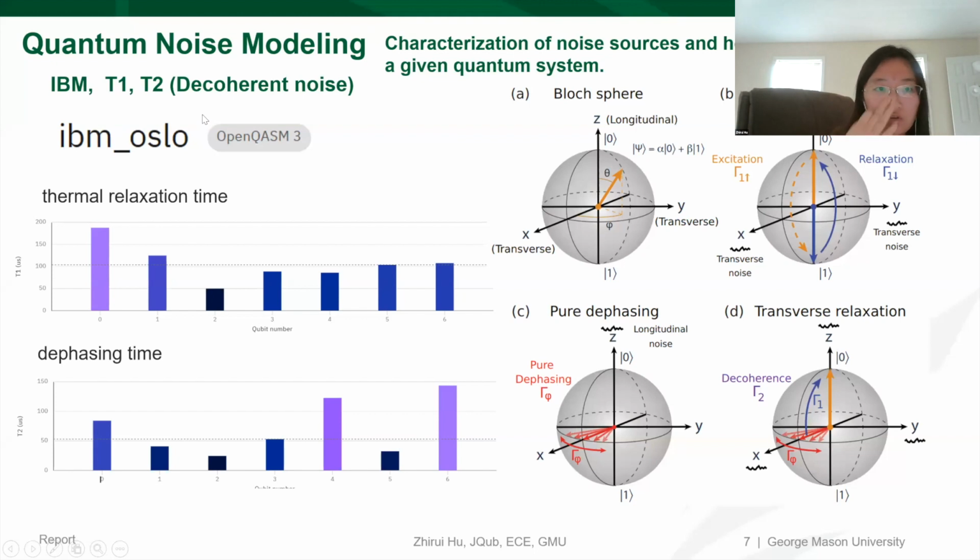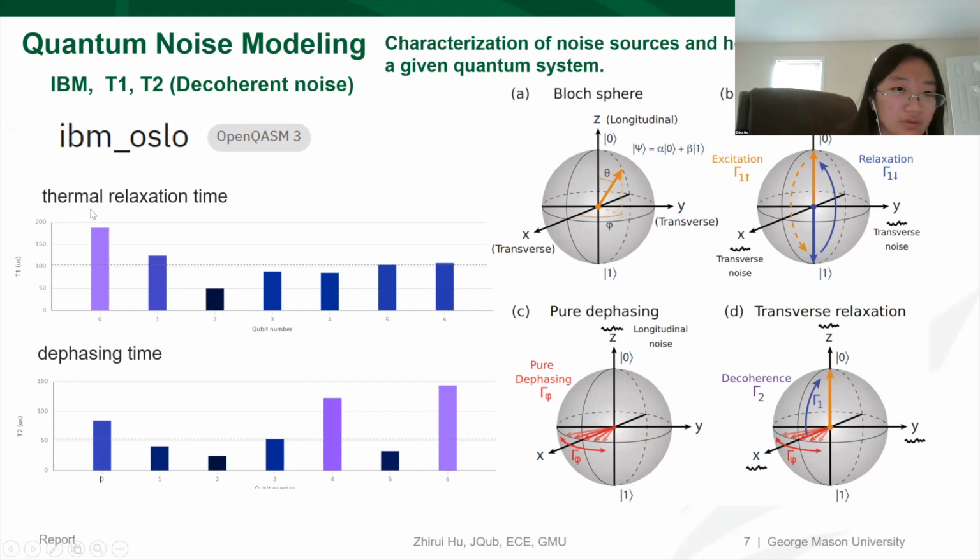So there are plenty of works on quantum noise modeling. T1 and T2 describe the decoherence noise. T1 and T2 characterize the noise source and how it impacts a given quantum system.